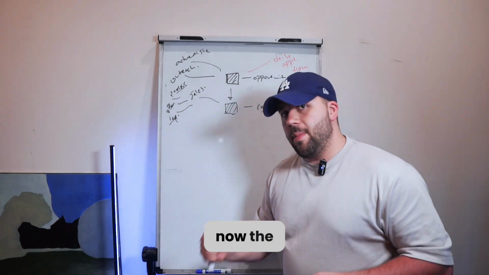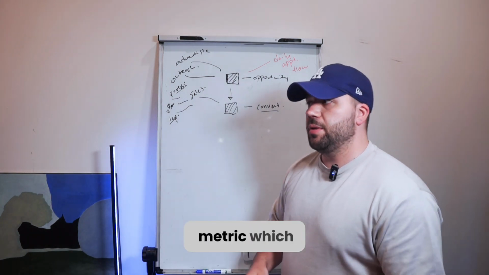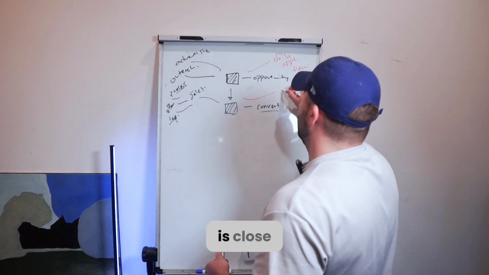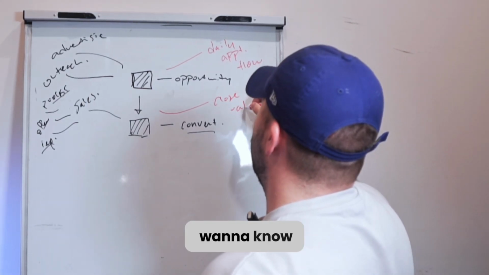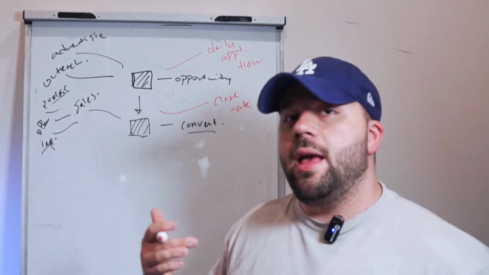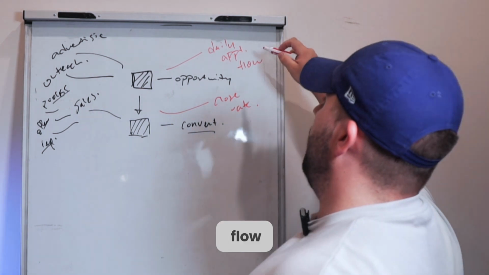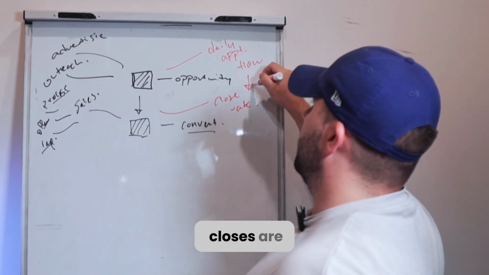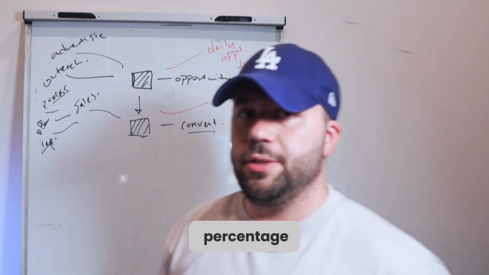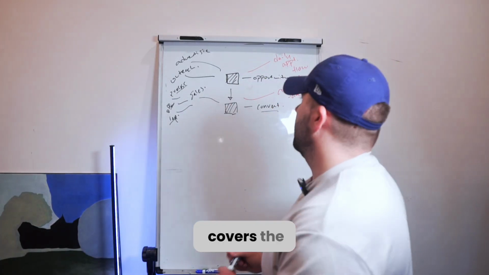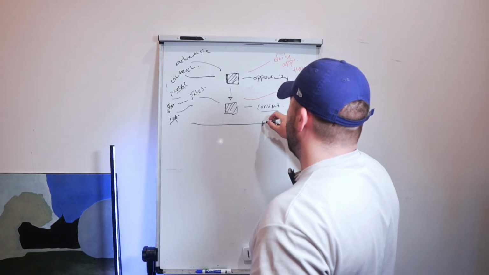Again, we want a metric which measures how successful this is: close rate. Out of how many appointments we set from the daily appointment flow, how many closes are we getting as a percentage? That covers the basics of acquisition.